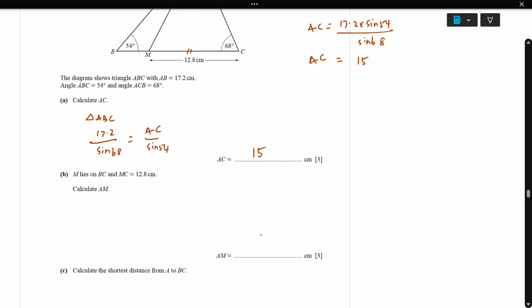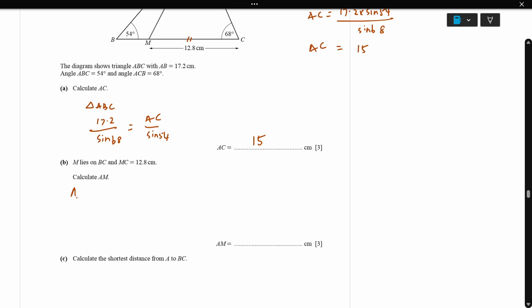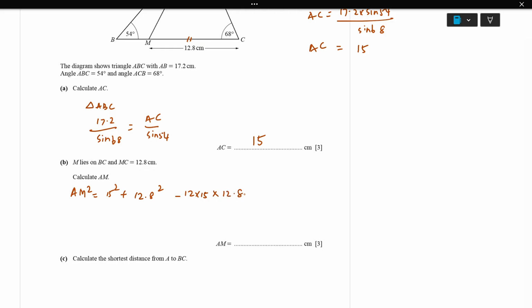So AM square equal to 15 square plus 12.8 square minus 2 into 15 into 12.8 cos 68. The cosine formula we know is a square equal to b square plus c square minus 2bc cos A.